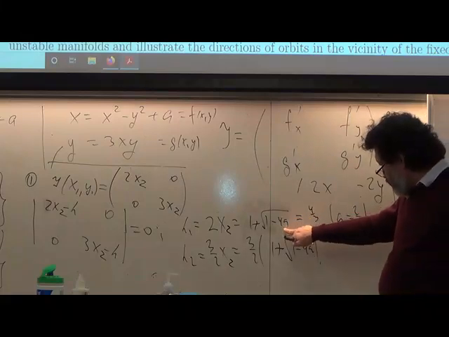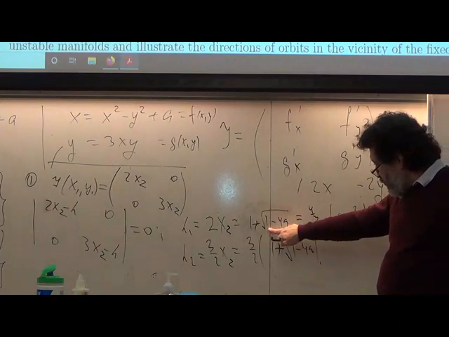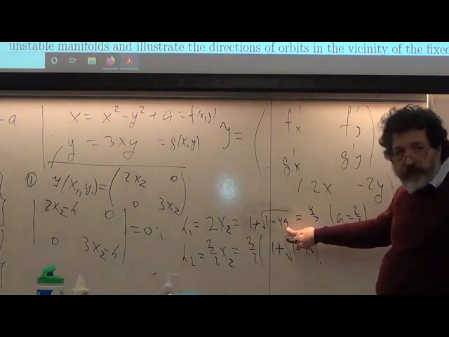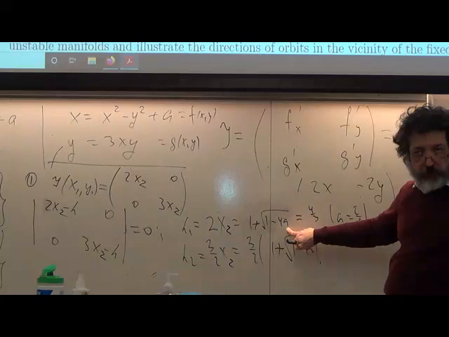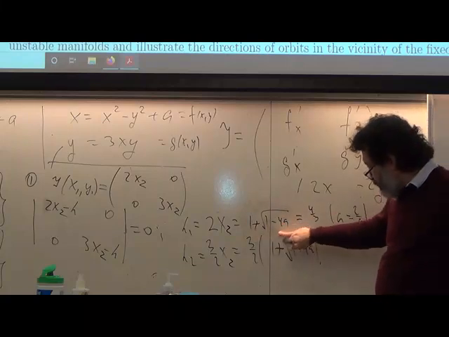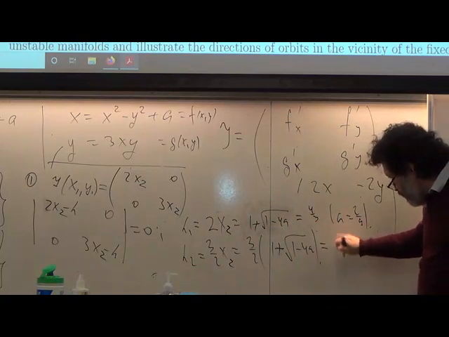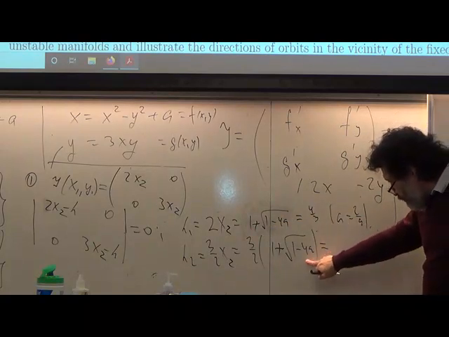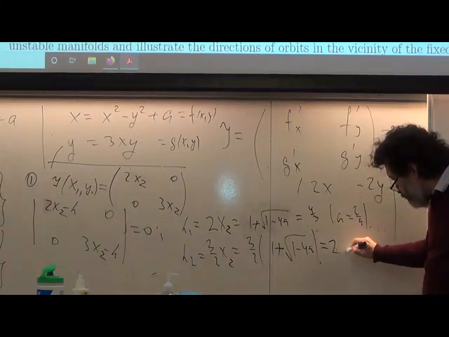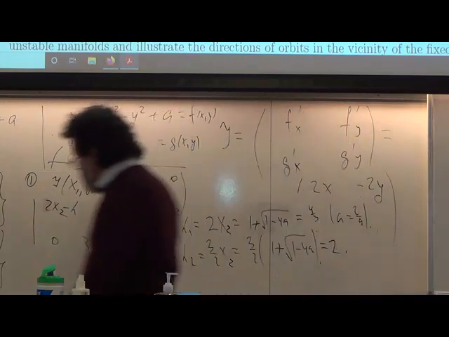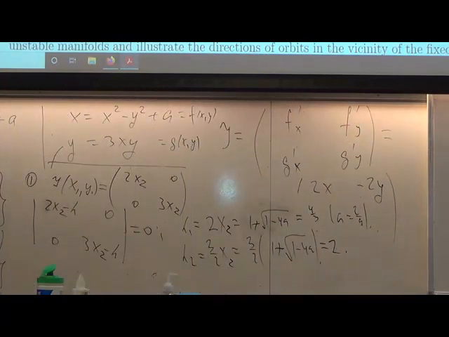This will be 8 over 9. 9 over 9 minus 8 over 9 is 1 over 9. The root is 1 over 3. 1 plus 1 over 3 is 4 over 3. So this is more than 1. Here will be 4 over 3, and this will be 2. So this is an unstable node.